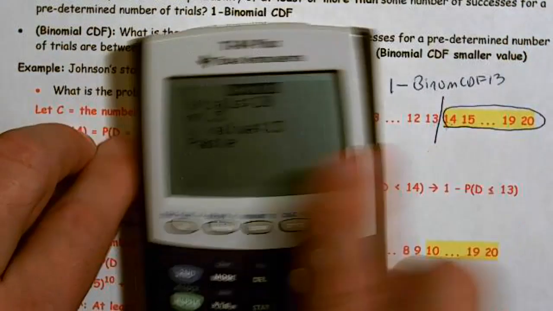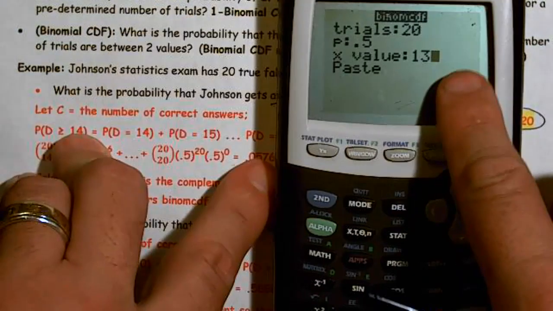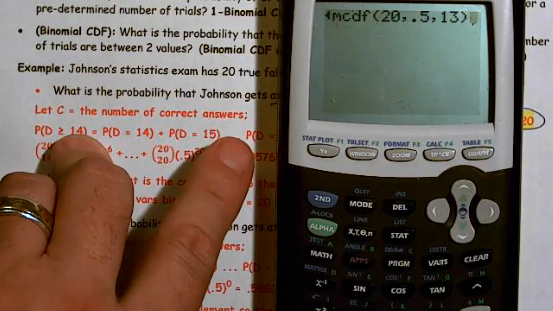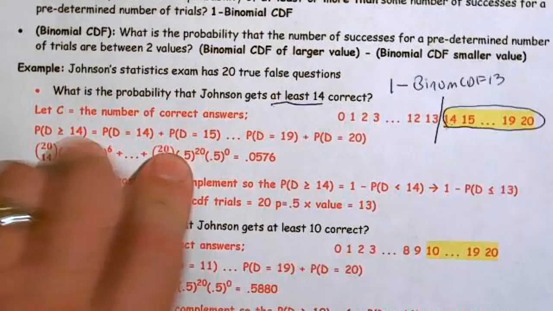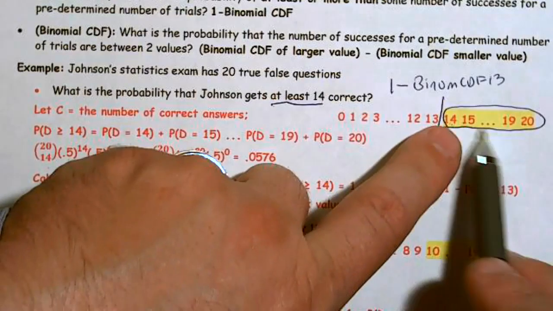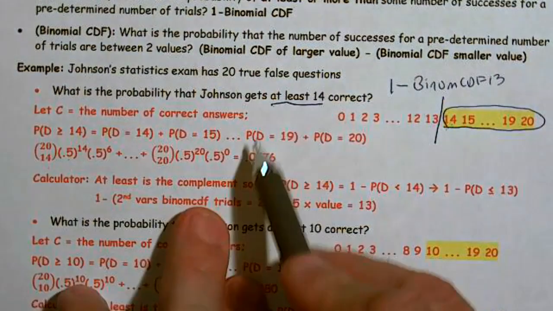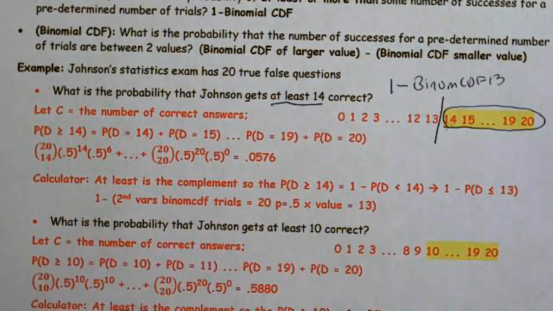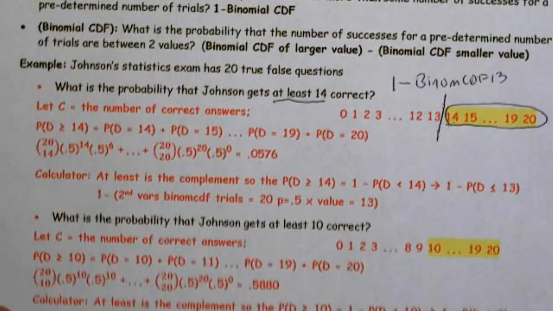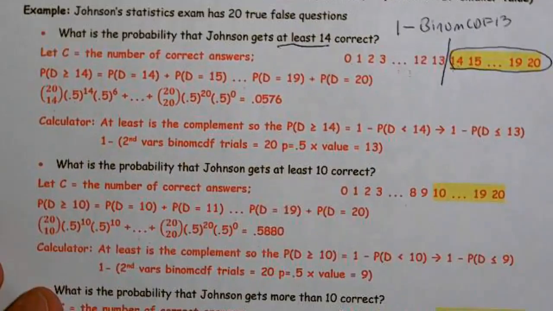I wanted 14, so 13. So 0.0577. The probability to make a 70 or better on this test is 0.0577. So if they have to guess, it's a pretty small possibility that we could pass, but it's about 6%, or 5.7%, if you're guessing on a true-false test.